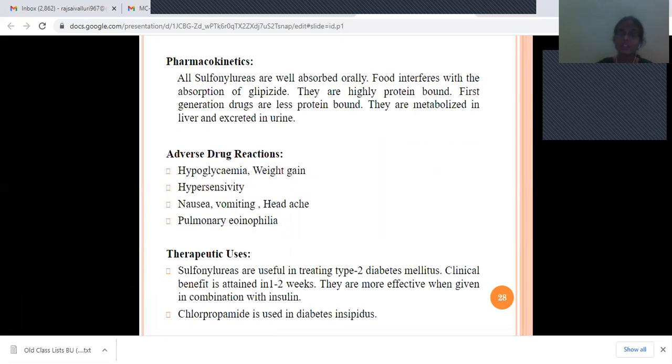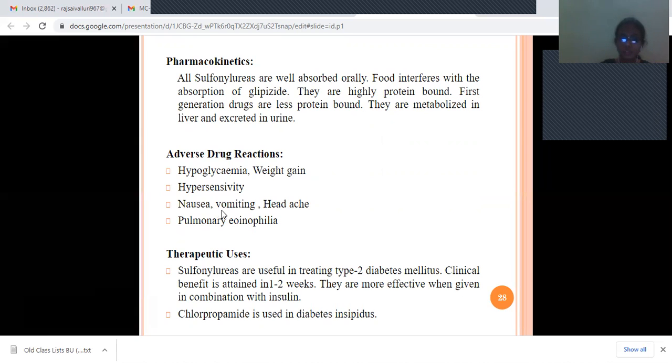In the case of glipizide, food will interfere, which means this drug should be taken on an empty stomach, not with food, and it is metabolized in the liver and excreted through the urine. And if you see the adverse drug reactions, that is weight gain, hypoglycemia, hypersensitivity, nausea, vomiting, headache.